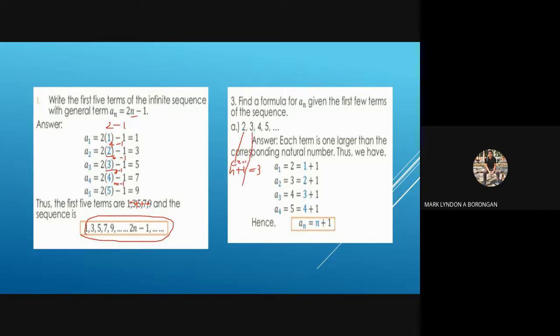Next, if you have 3 as n and you add 1, you'll get 4. Next, if you have 4 as n and you add 1, you also get 5.